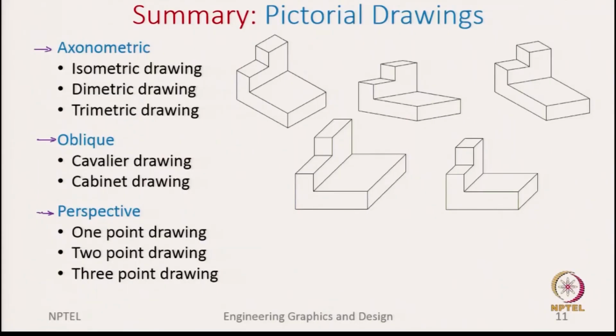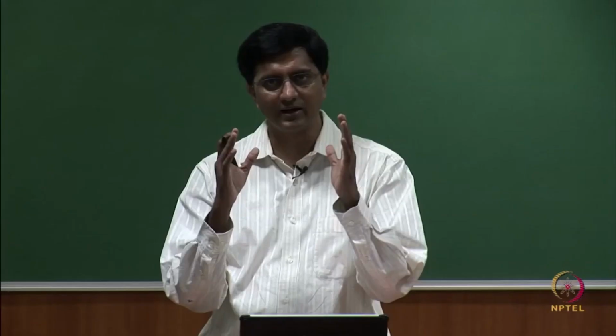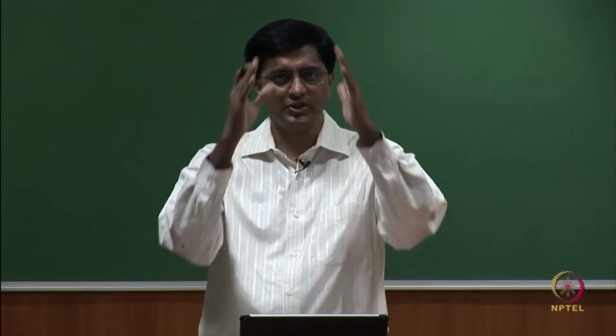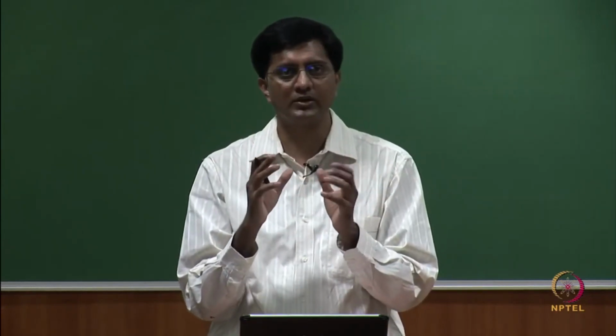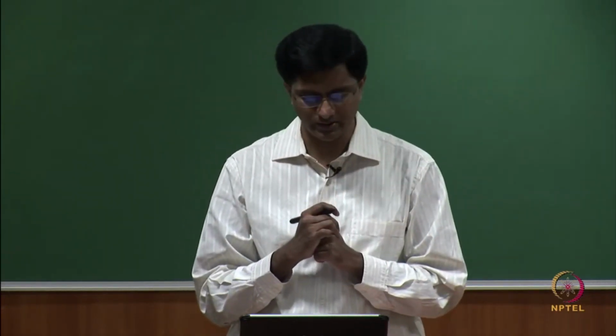And lastly, the perspective drawings: we discussed 1 point perspective drawings and 2 point perspective drawings. Though I did not show the 3 point perspective drawings, we said the vertical lines converge into the third vanishing point. That is the difference between the 2 point and the 3 point perspective drawings.